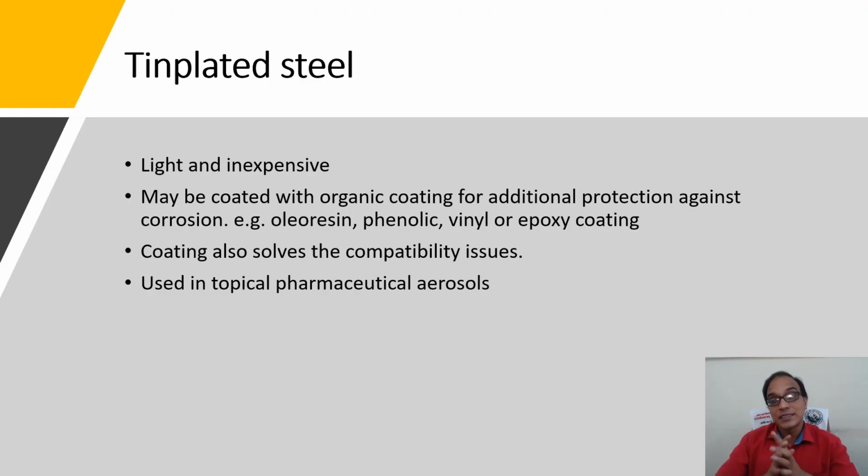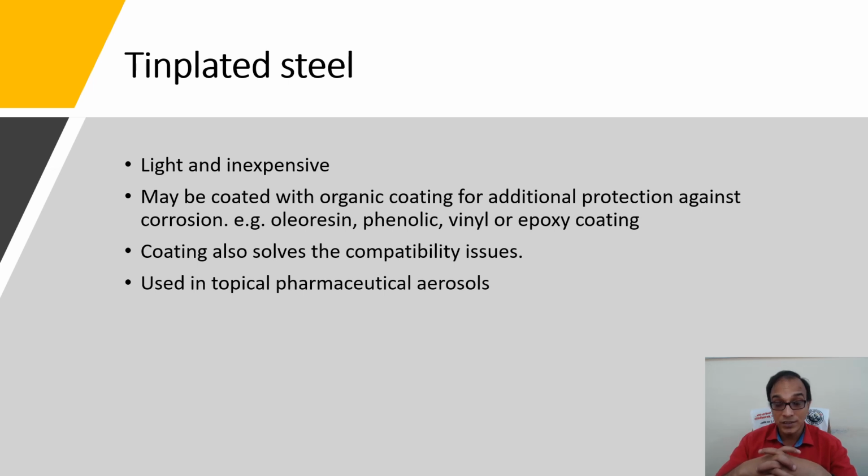Now, what is tin plated steel? Tin plated steel is light and inexpensive. When we are using it as a container of an aerosol, it may be coated with an organic coating for additional protection against corrosion. What kind of coating may it be?